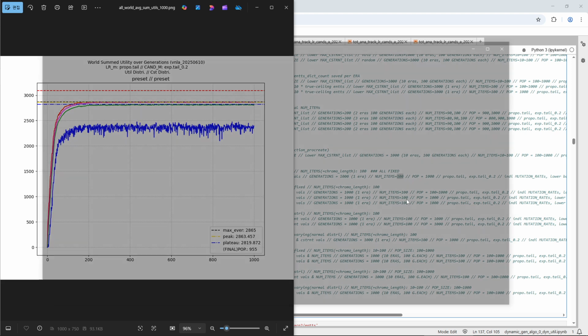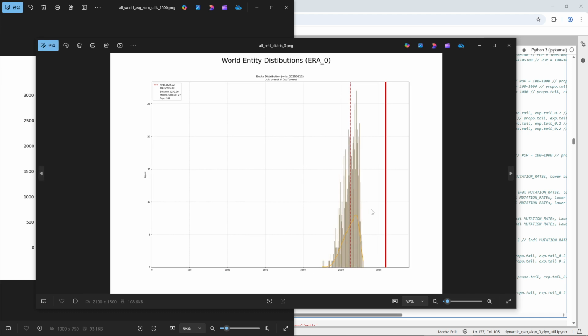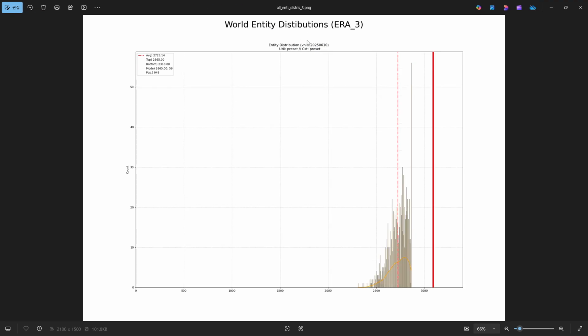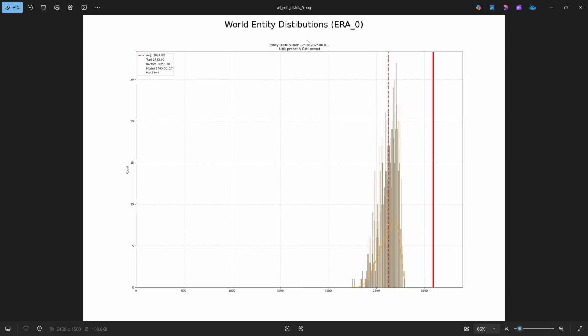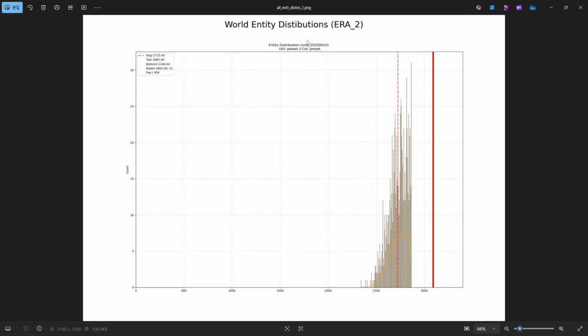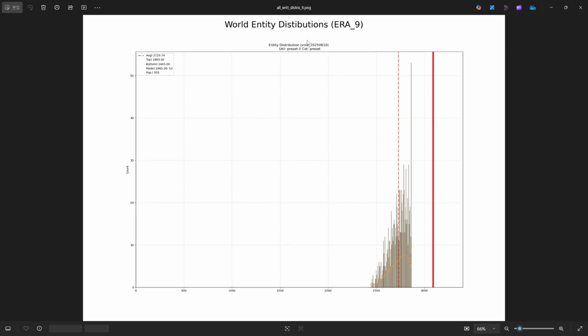And here are the distributions. This is 100, 200, 300, generation 400, 500. Let me start from 100, 200, 300, 400, 500, 600, 7, 8, 9, 10.